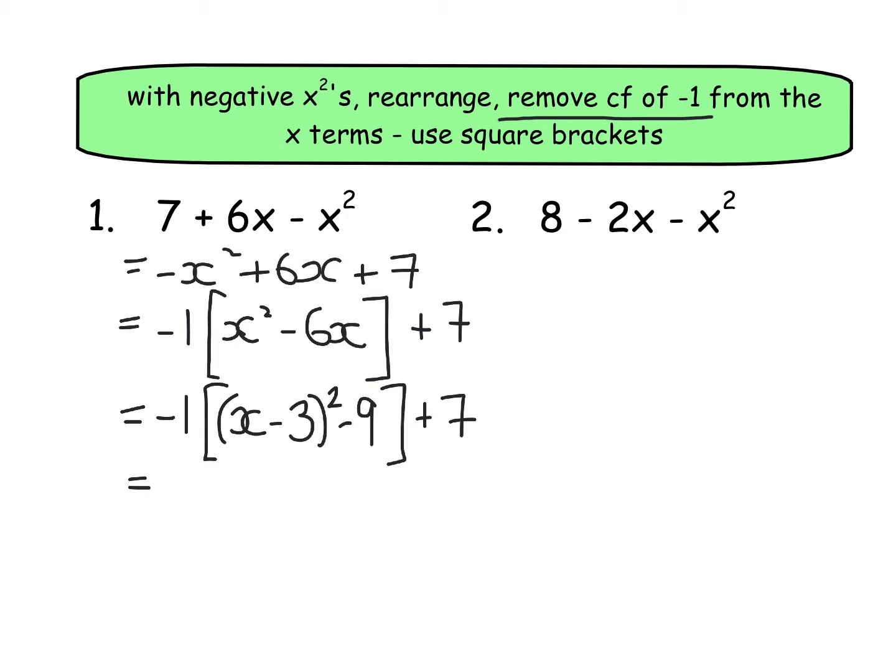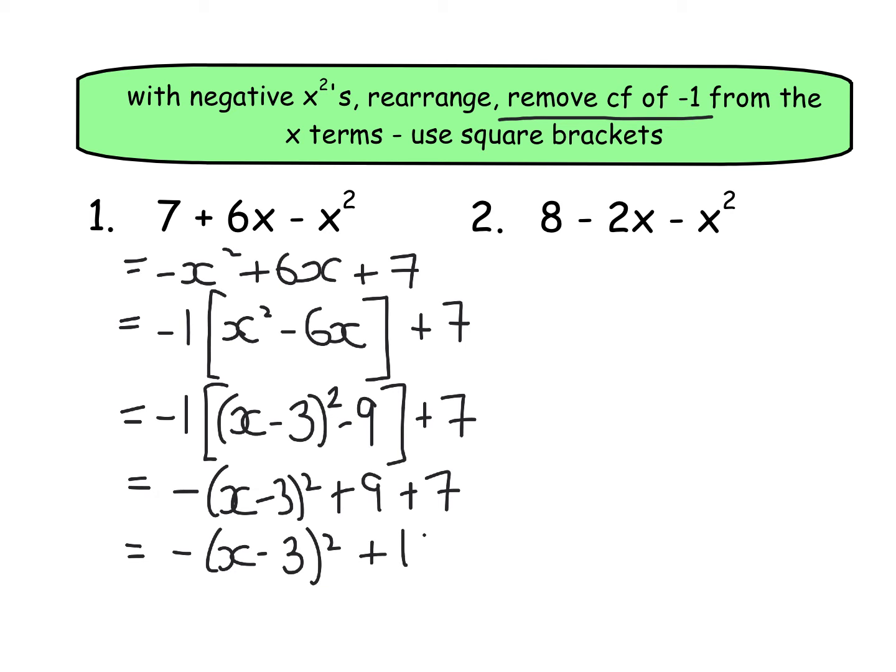The last bit is to reintroduce that -1. So -1 multiplied by the bracket just gives you the negative of your bracket. The -9 becomes plus 9, and then I've got that plus 7 at the end. As with completing the square at National 5, the last thing you do is add the end numbers. So to tidy this up, you have the negative of your bracket and then a plus 16 on the end.